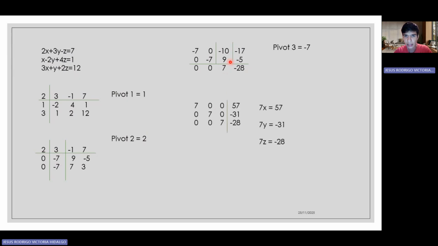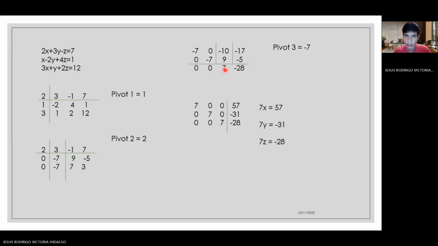So we take this 7, we make the column 0 and 0, and the row is going to pass just like this: 0, 0, 7, and minus 28. Okay? So we get this position: 7 times minus 7, minus 49, divided by minus 7, it's the 7 right here.